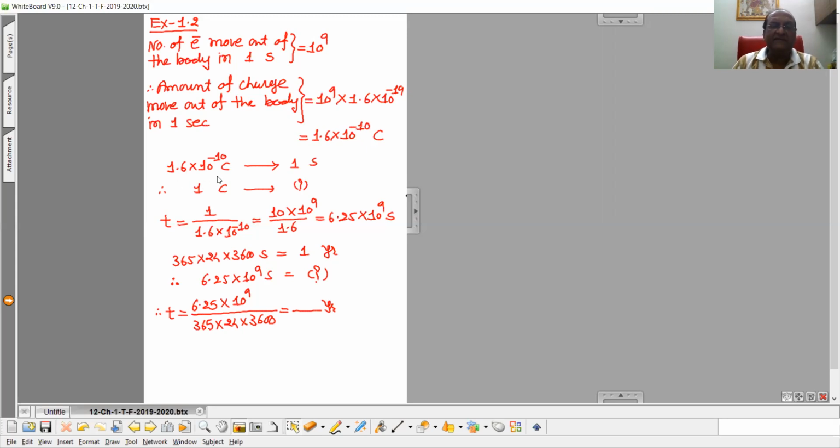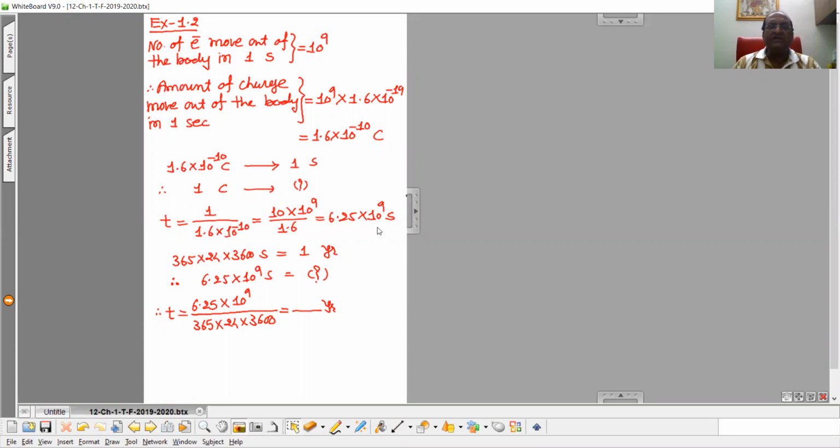So again we can use the unitary method. If 1.6 into 10 raised to minus 10 coulomb charge moves out of the body in 1 second, then how much time will 1 coulomb of charge take to move out? So the time taken is 1 upon 1.6 into 10 raised to minus 10. So you will get 6.25 into 10 raised to 9 seconds.